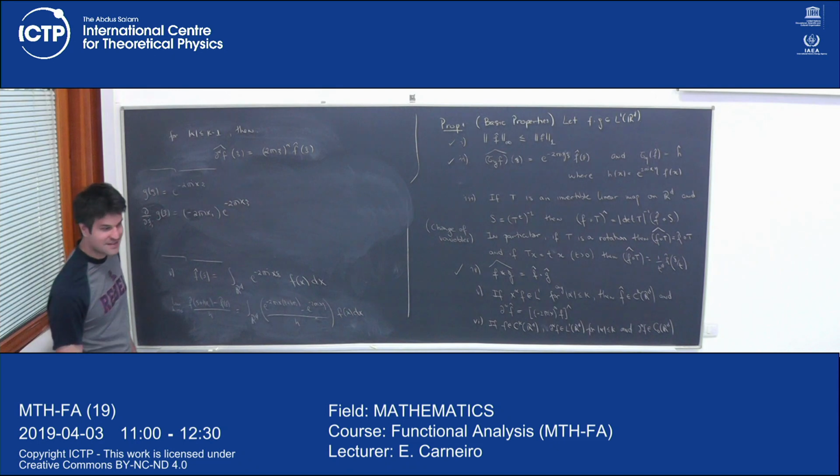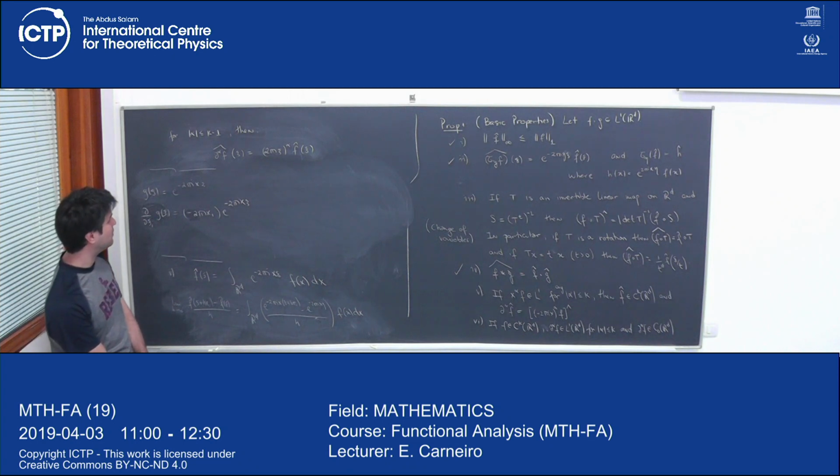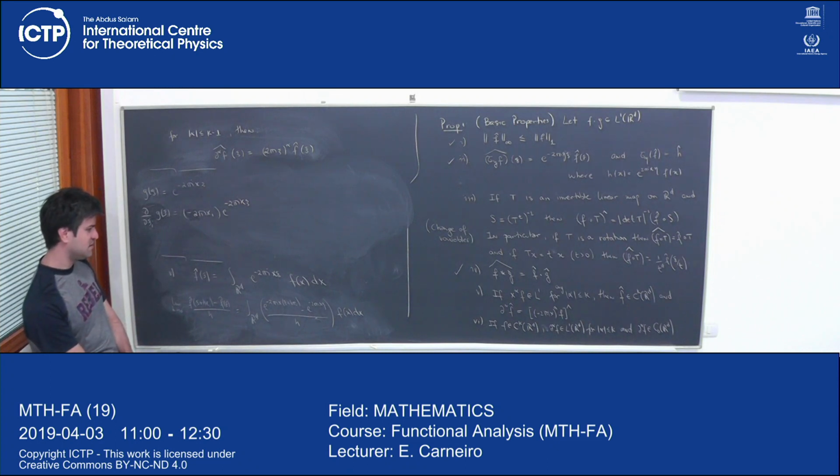Okay? So what I'm telling you is that the mean value theorem is not still true in complex analysis for this part. Well, is it? Yes, there is some generalization in complex analysis.